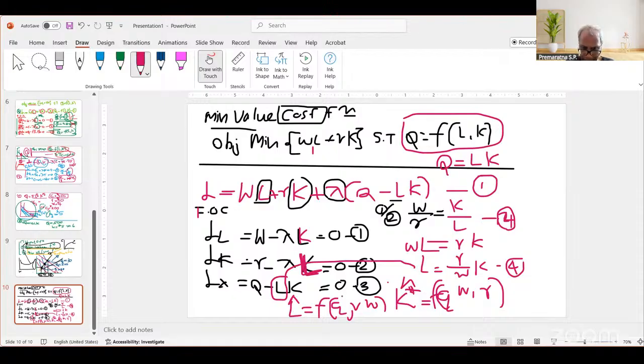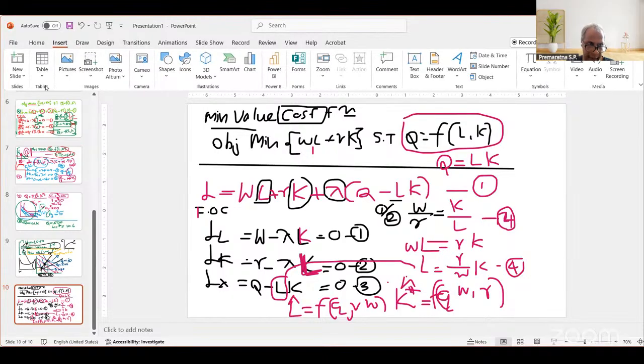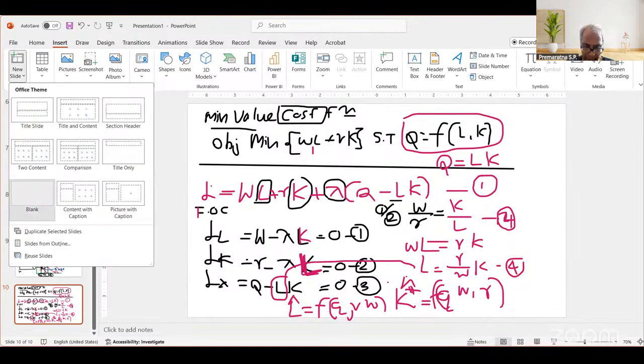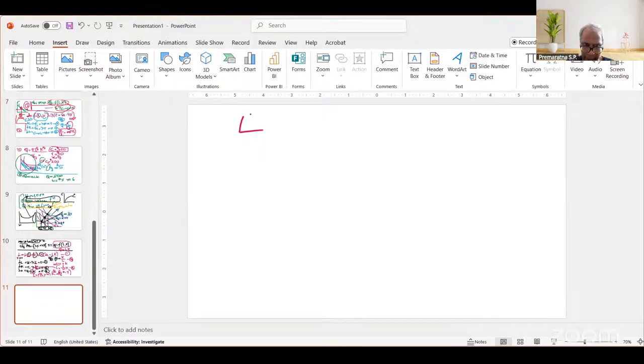Now when you do these two, K hat and L hat, these are the indirect input demand functions.